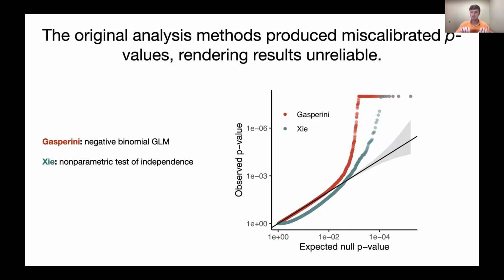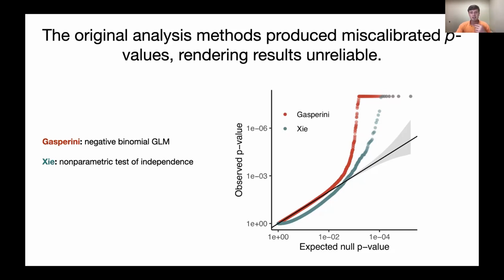Each point here corresponds to a negative control gene pair. These points should lie along this diagonal line that would illustrate correctly calibrated p-values. But what we see instead is severe p-value inflation. So basically the p-values deviate substantially from the expected uniform distribution under the null hypothesis.